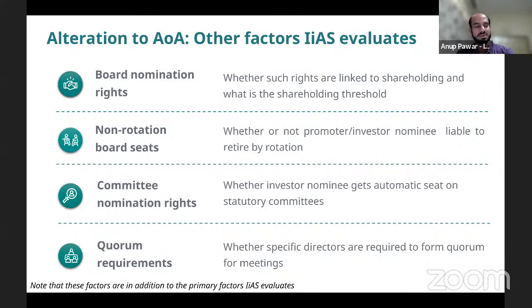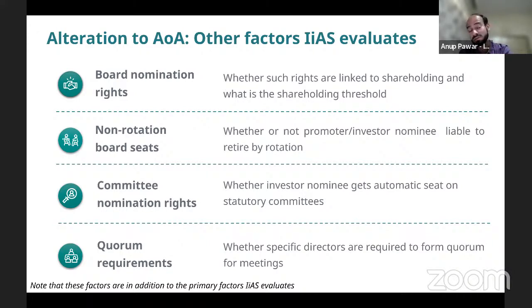And this is alteration to articles of association. Again, significant disconnect we see between investors and corporates here, where these are some of the things that we've begun to see. And of course, what SEBI is also planning to do is put this under more scrutiny and periodic shareholder vote.